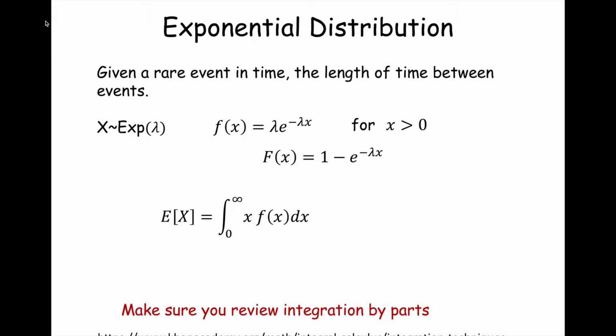Okay, so now we substitute our density f of x for the exponential distribution, and we get the integral from 0 to infinity of x lambda e to the minus lambda x dx. Okay, and how we're going to solve this is using integration by parts.